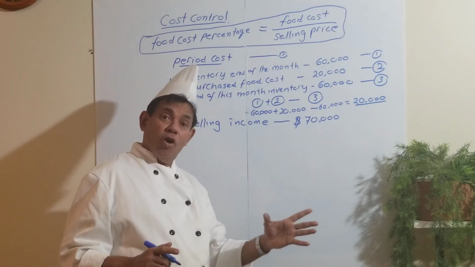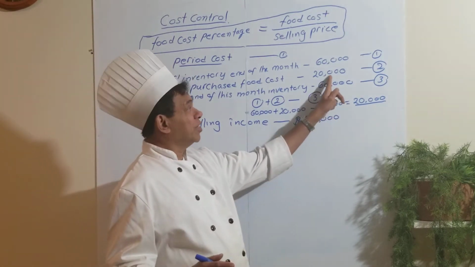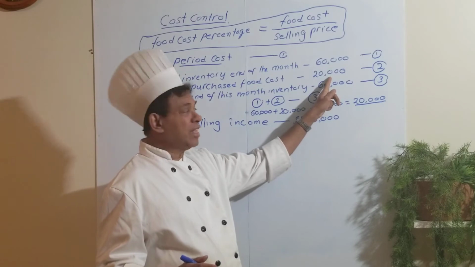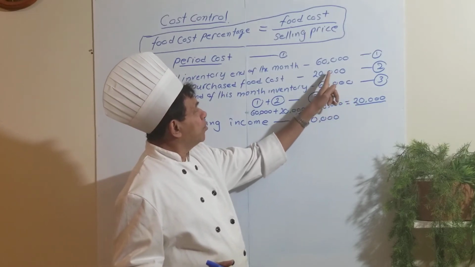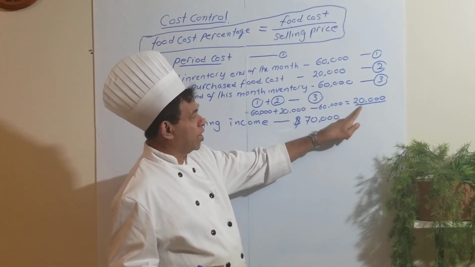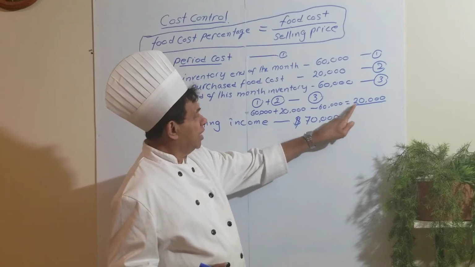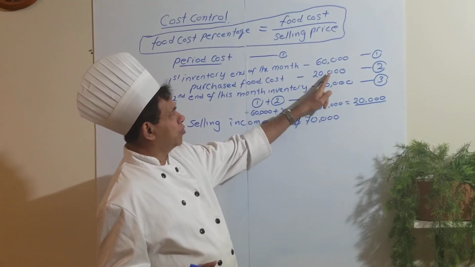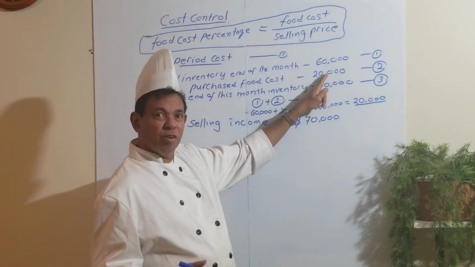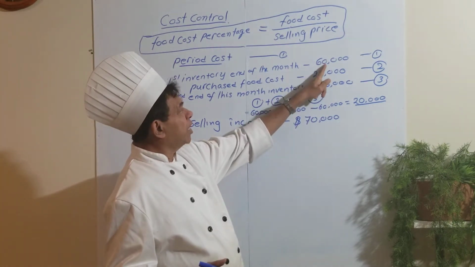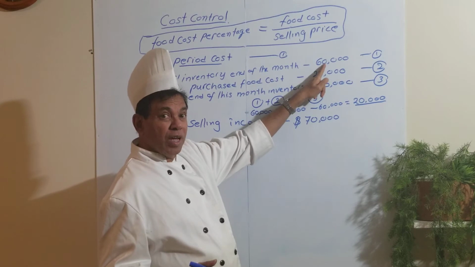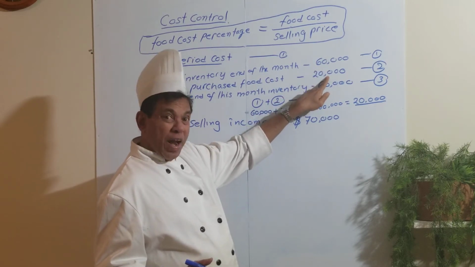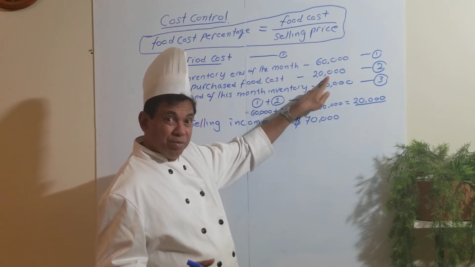How much is the food cost for me? 20,000. This 20,000 came from the calculation, so don't confuse it with the other 20,000; these are all imaginary figures. The 60,000 last food inventory, I bought 20,000 of items.